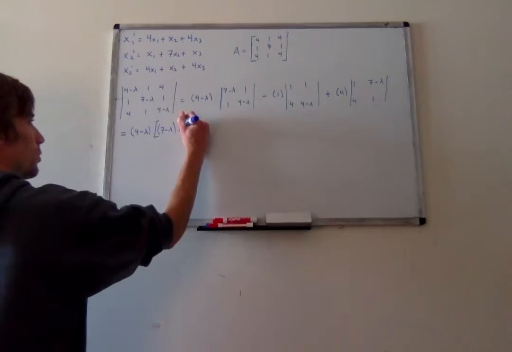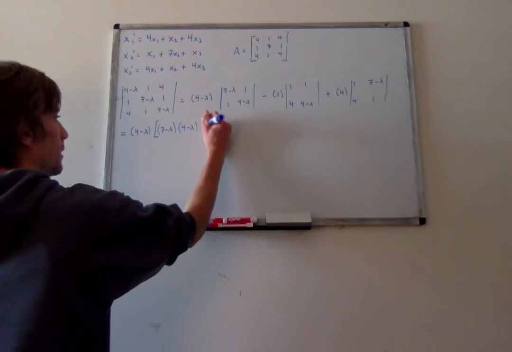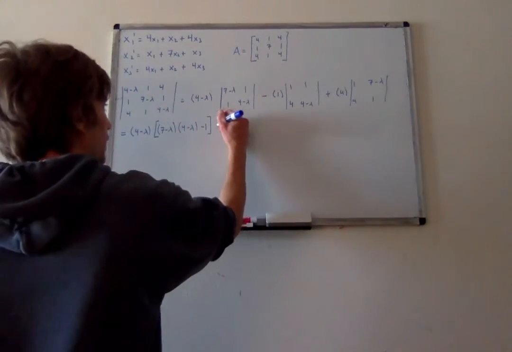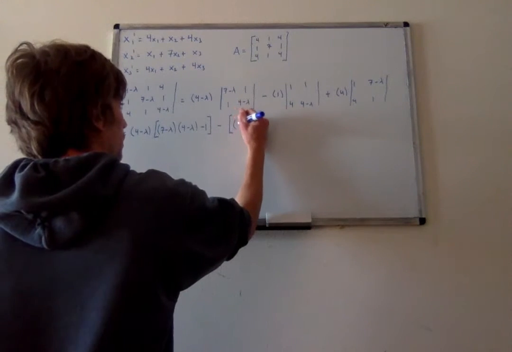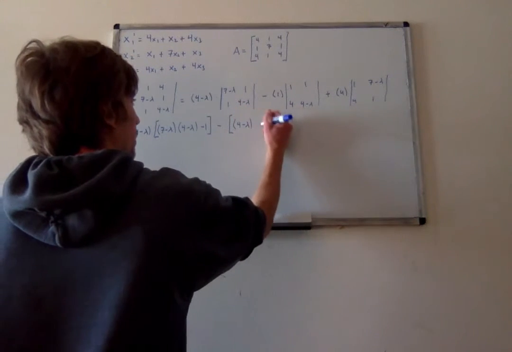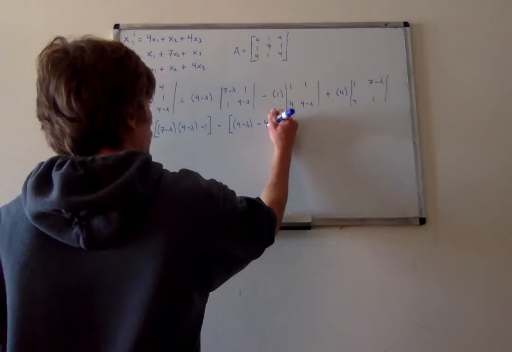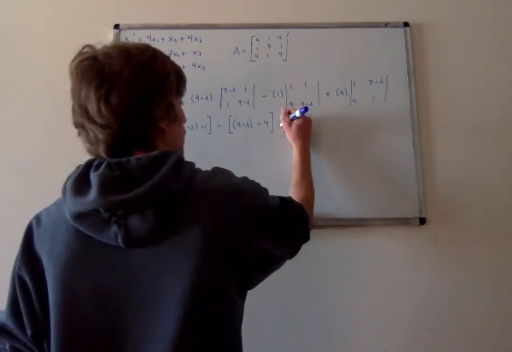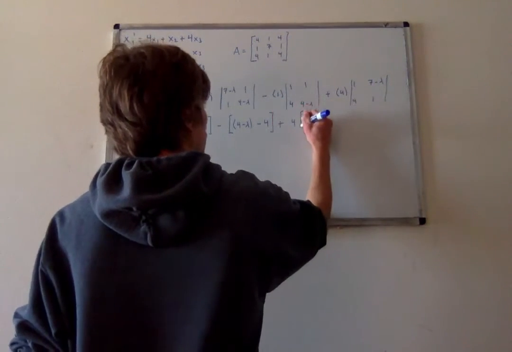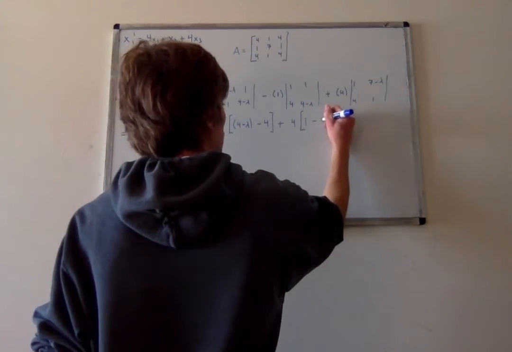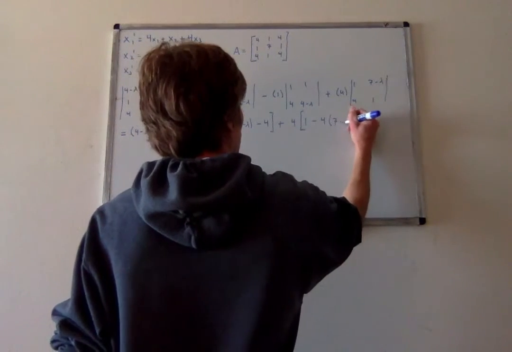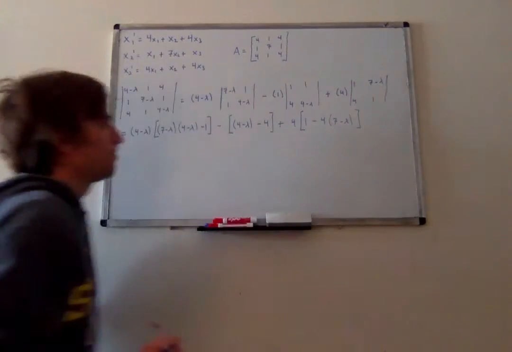And unfortunately, we do wind up with a kind of annoying polynomial that we have to work through. But it's just algebra, so it's not too scary. All right, we got all that.